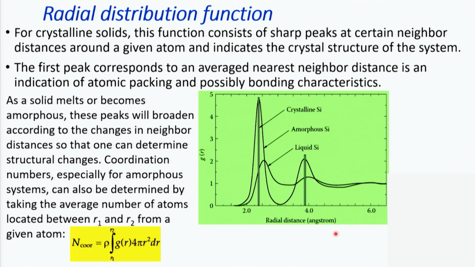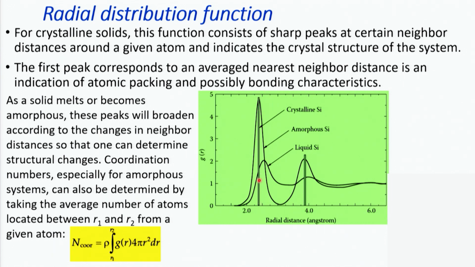Okay, like here, let's say this is the radial distribution function. So, you take a particular atom, okay, and then as you go away from that atom, you see how many atoms are there. Okay. So, in this case, when you come to around, let's say, 2.2 angstrom, you say that the count number of atoms has now increased to 5.